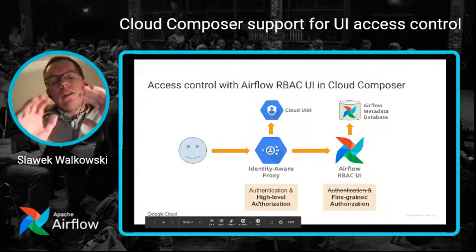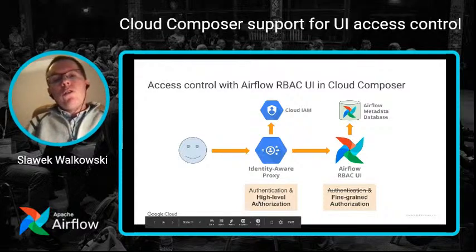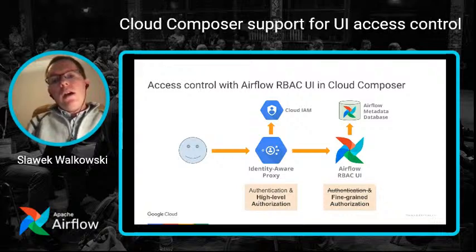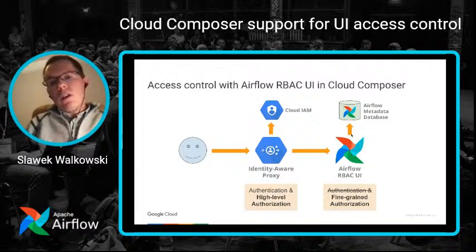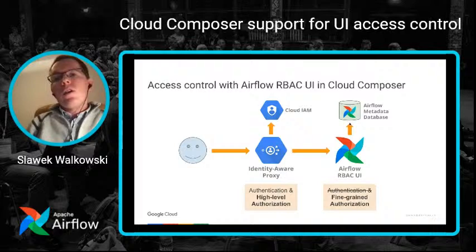And again, this is the high-level authorization to the web interface. And then the Airflow RBAC UI, just like in vanilla Airflow, operates on the RBAC tables within the Airflow metadata database.